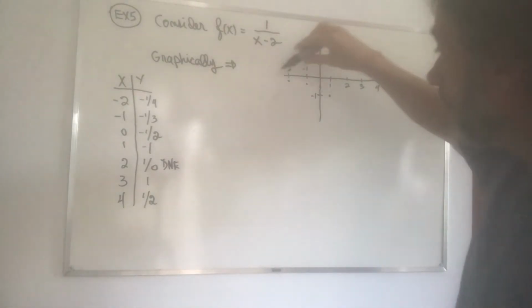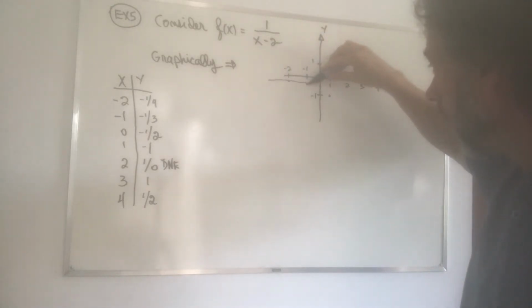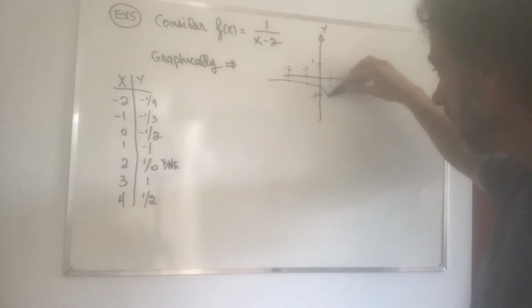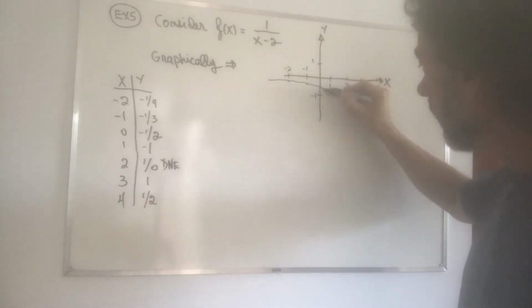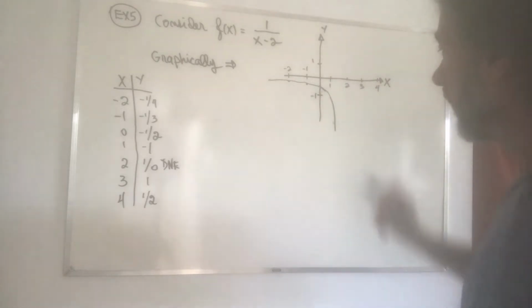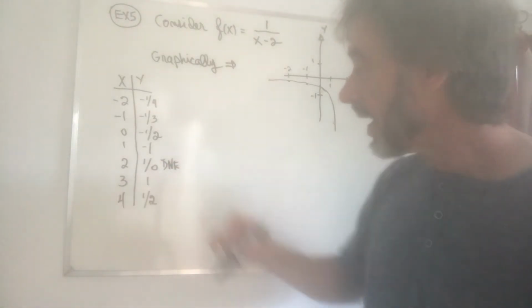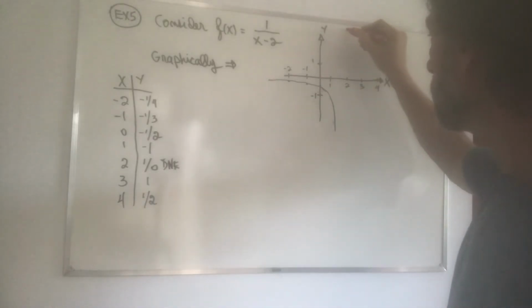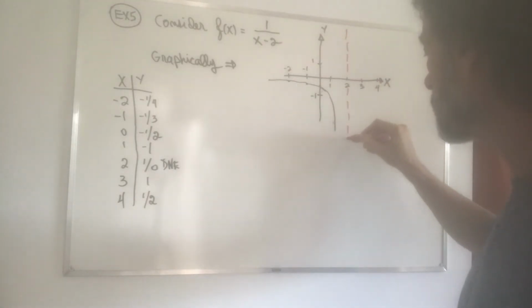And then so far, what do I have? I seem to have something like this, something plunging like that, because at 2, precisely at 2, I have something that does not exist, and soon we're going to see that this corresponds to something that you've seen in high school.